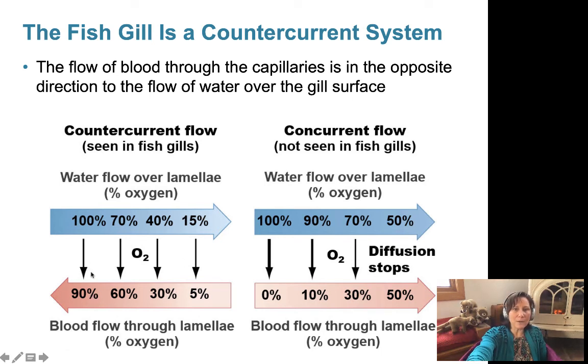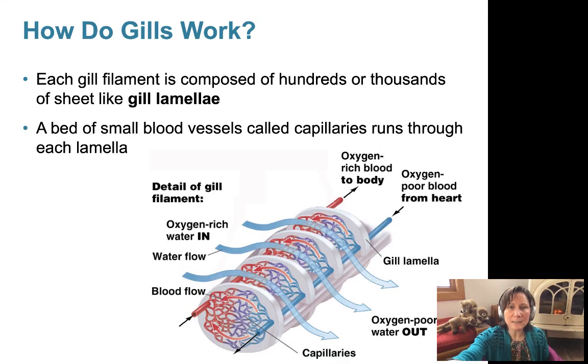So right when it first crosses, there's 90% exchange of oxygen, right? 60%, 30%, 5%. So as you're looking at flow through the lamellae, it gets to be less and less and less. And that's a natural response of oxygen diffusing over the lamellae. So this is just a figurative way of depicting what's happening right here. Okay?